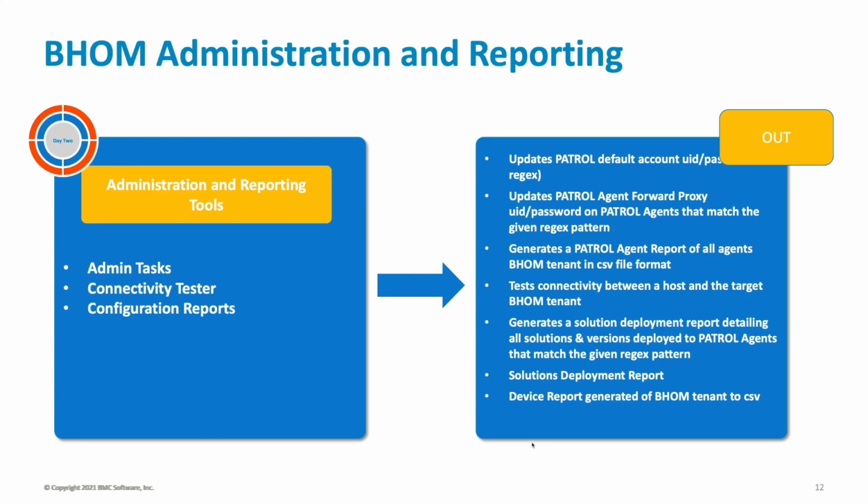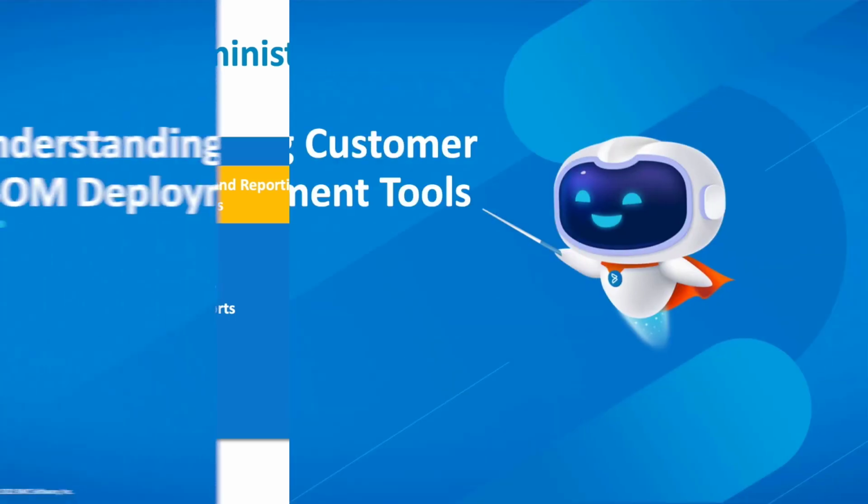We provide connectivity testers to ensure that you can test connectivity between a host and a target system. Can you reach the BHOM system from that host? Stuff like that. Configuration reports give you insight into the current state of your BHOM installation, so that you get an understanding about what solutions are deployed, what devices do I have, and things like that.